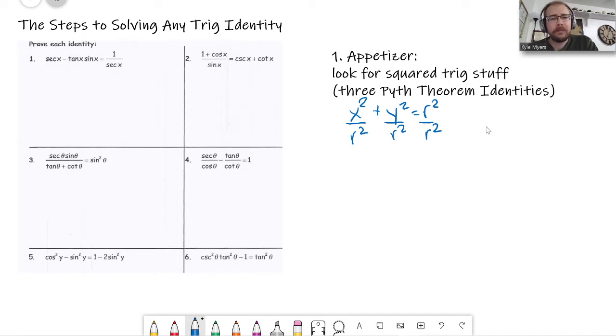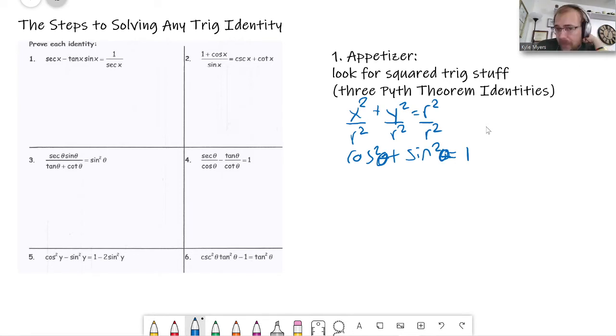X over r, adjacent over hypotenuse, is cosine. Y over r is sine, opposite over hypotenuse. And anything over itself is 1. So there's one of your equations. Sometimes I don't put the little thetas in here, but technically they do exist. I just think it's a waste of time to write them. So cosine squared plus sine squared equals 1.